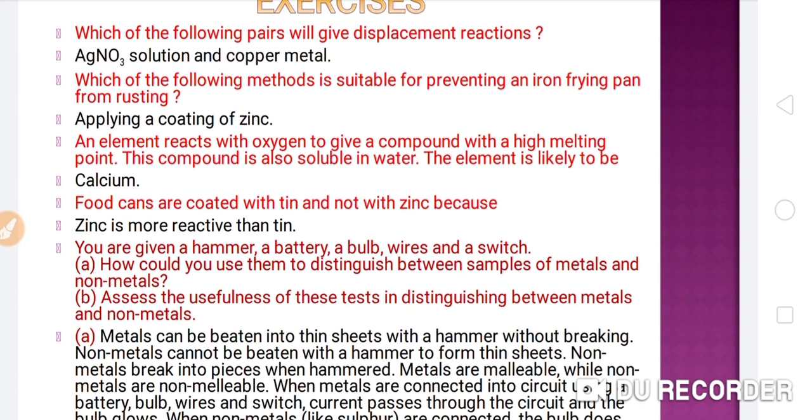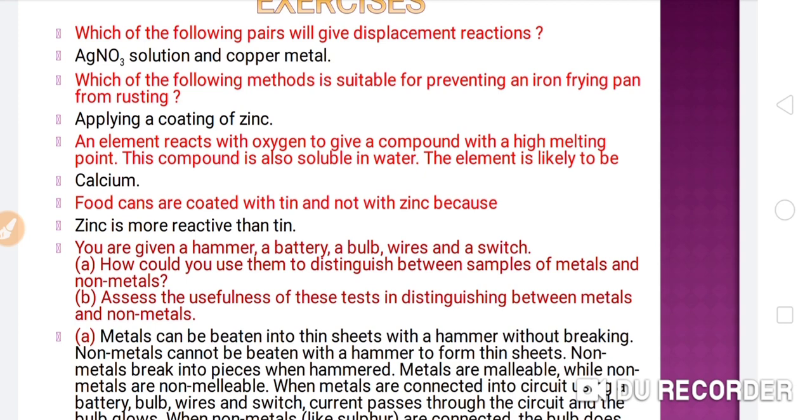Now come to the next question. An element reacts with oxygen to give a compound with a high melting point. This compound is also soluble in water. The element is likely to be calcium. Now the next question: food cans are coated with tin and not with zinc.